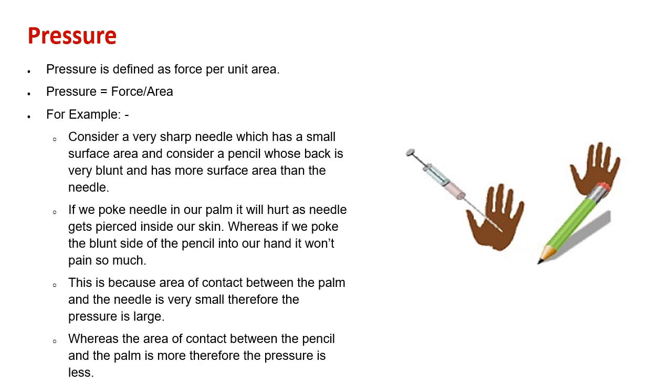Whereas if we poke the blunt side of the pencil into our hand, it wouldn't pain so much. Because the area of contact between the palm and the needle is very small, the pressure is very large. Whereas the area of contact between the pencil and the palm is more, therefore the pressure is less.